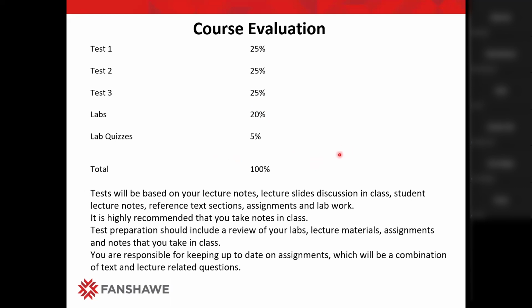We're going to take one case at a time, and you'll get all the explanations. Tests will be based on the lecture notes, lecture slides, discussions in class, students' lecture notes, and references to the text. Pretty much all that is thrown at you might be evaluated.